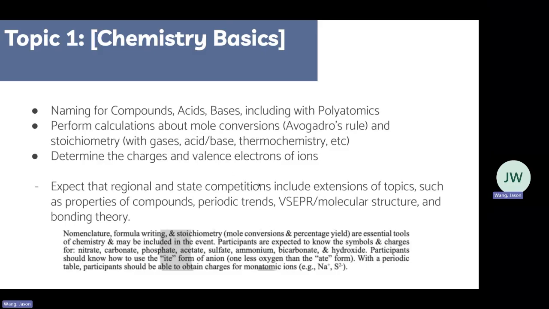But they can definitely easily tie it into these other topics as well, especially when you get into regionals or states. So you do want to prepare yourself for that. But for most of these topics, they do cover it in AP chemistry. If you're taking honors chemistry, then you might want to learn a little bit more with VSEPR or with periodic trends as well.